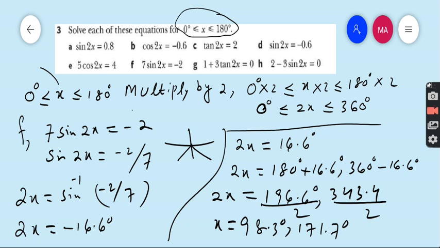You can check that both values lie in our given domain. This is our final answer.